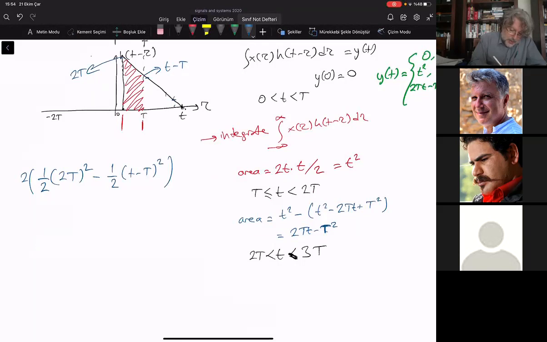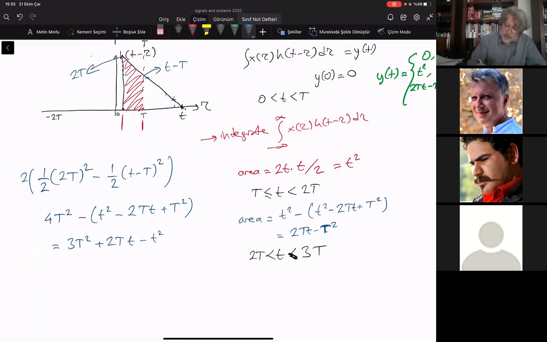So the 1 over 2's cancel, and we have 4 capital T squared minus t squared minus (2 capital T t plus capital T squared). Let's make this subtraction, and it will give me 3 capital T squared plus 2 capital T t minus t squared.